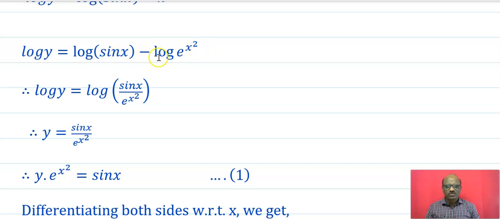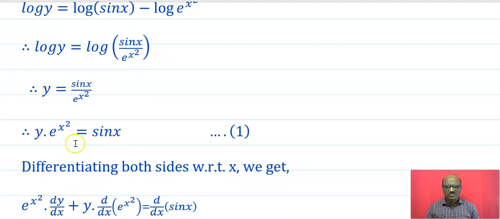By using the rules of logarithm, we can write log of sin x upon e raised to x^2. Now we can cancel the log term on both sides. Then you will get y is equal to sin x upon e raised to x^2. Therefore y into e raised to x^2 is equal to sin x.